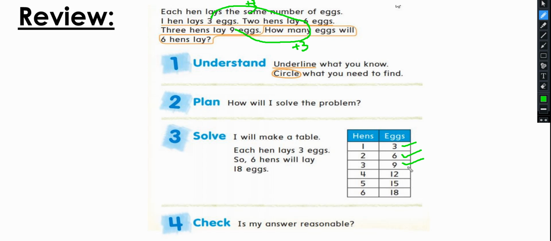So we are adding 9 plus 3 plus 3 plus 3. This is the pattern that we're following. We are skip counting. So 3, 6, 9, 12, 15, 18. So that is how we find out that 6 hens will lay 18 eggs.